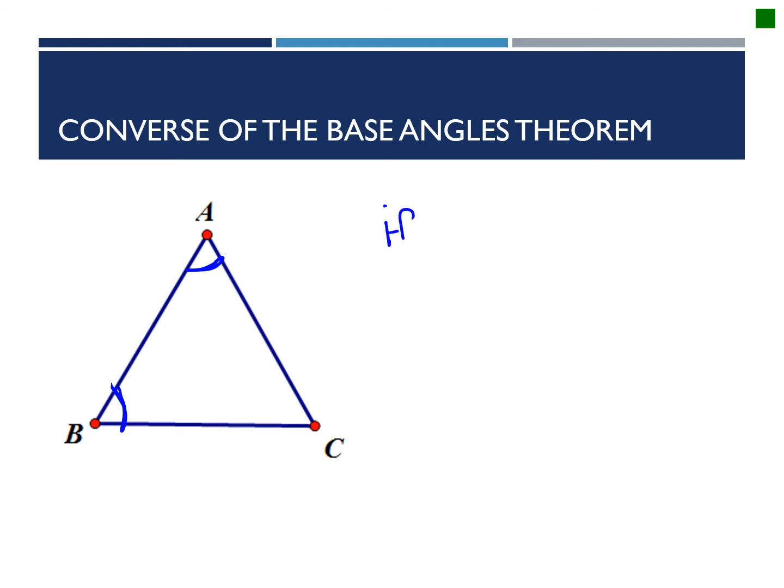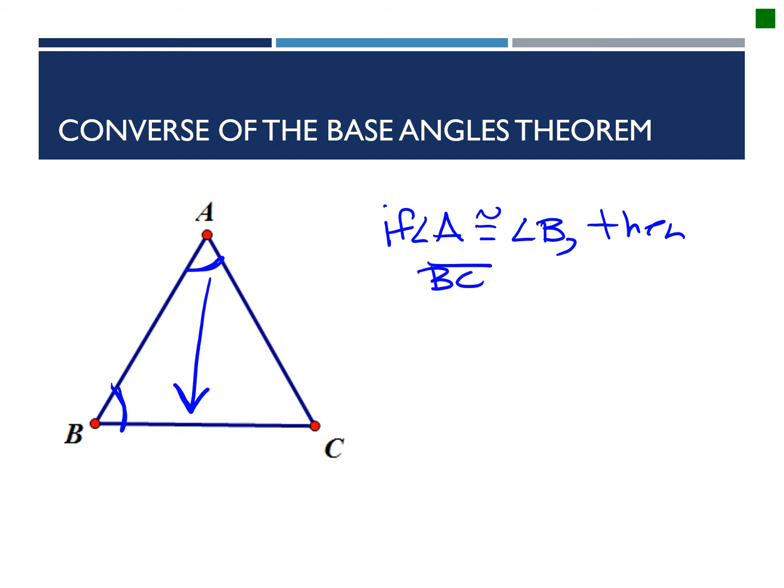So basically, if angle A is congruent to angle C or B, then the sides opposite are congruent. Opposite A is BC and opposite B is AC. So side BC is congruent to side AC. So that's the converse. We just switch them around.